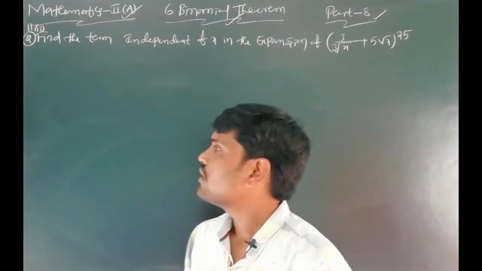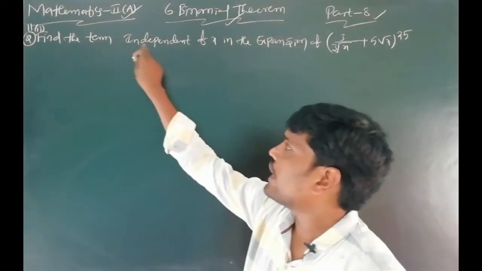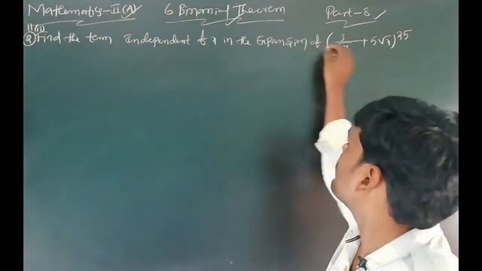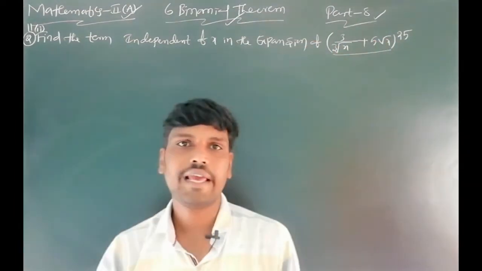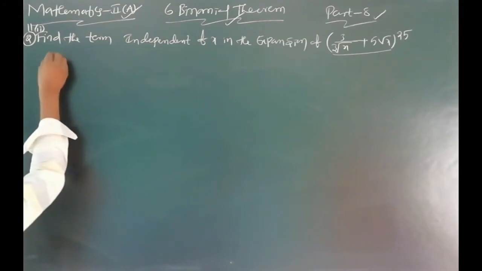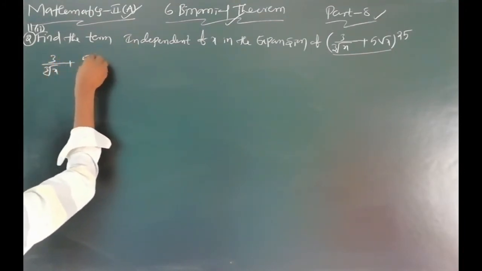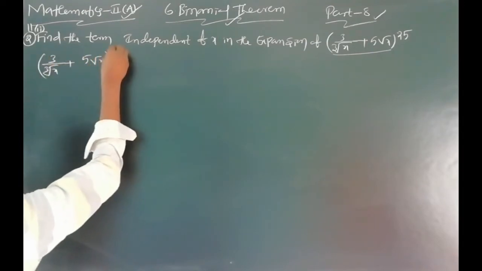First of all, what is the question? Find the independent term, independent of x, in the expansion. What is the expansion? You can write the expansion: (3/cube root of x + 5 root x) all power 25.